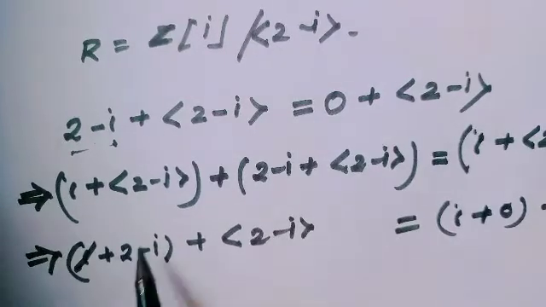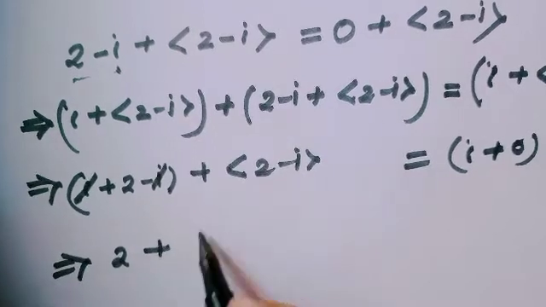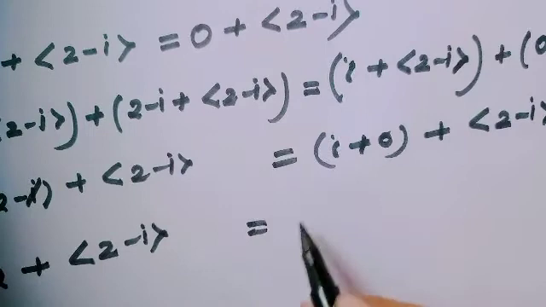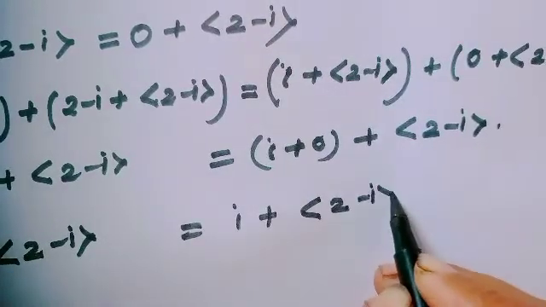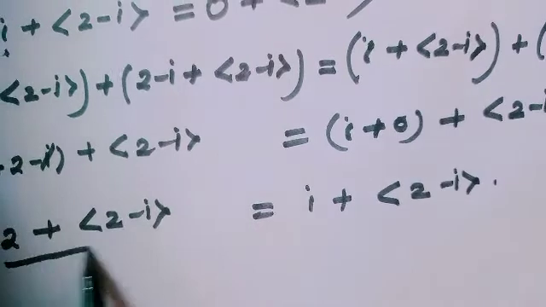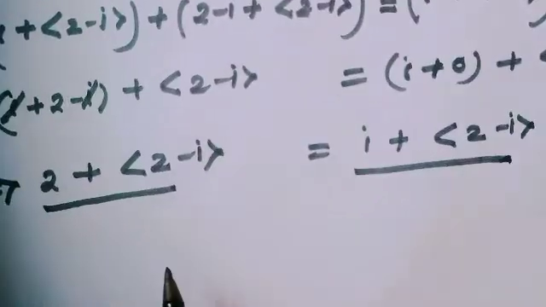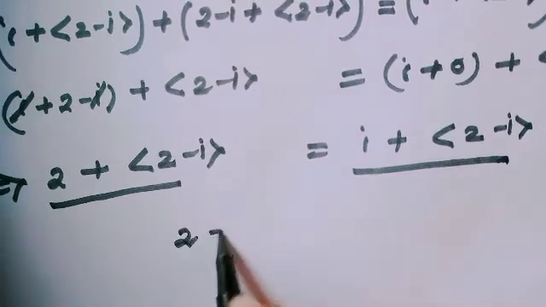And after cancelling i, this value equal to 2 plus the ideal generated by 2 minus i, which is equal to i plus the ideal generated by 2 minus i. Since these two left quotients are equal, we can tell in this quotient ring 2 equal to i.